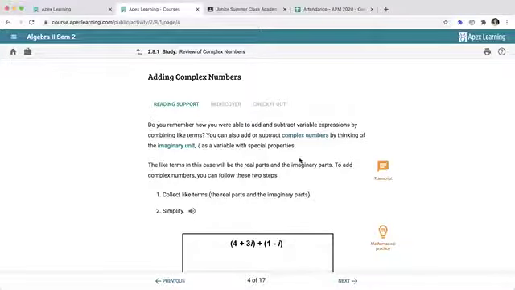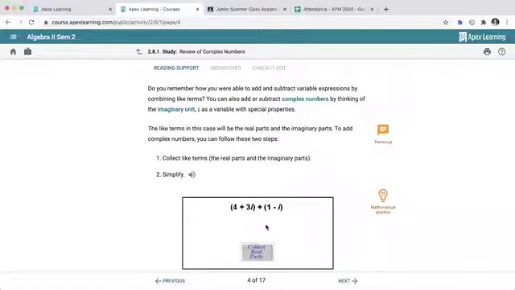So with that being said, since everything is a complex number, we can think about it in that form, so we can add or subtract these complex numbers. What we're going to have to do is look at things in the form of like terms.